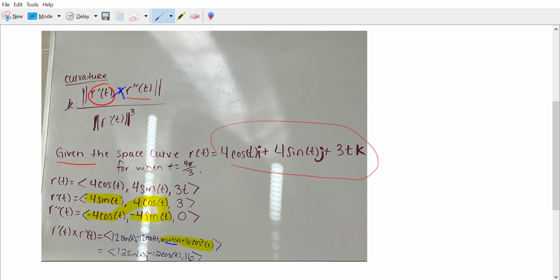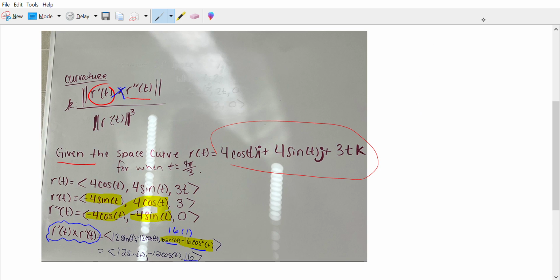We know that sine squared plus cosine squared is 1, so that's really 16 times 1, which is 16. Okay, so now we have the first derivative cross the second derivative.